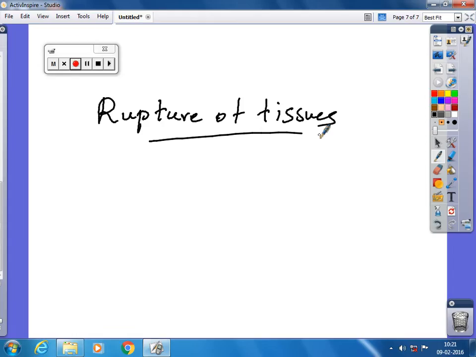The rupture of tissues takes place as a result of permanent distortion of timber. Yes, this is another type of defect.